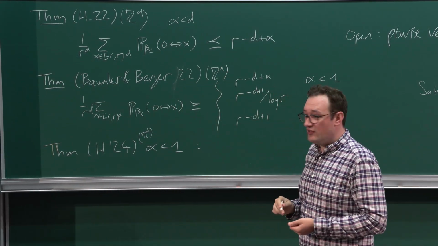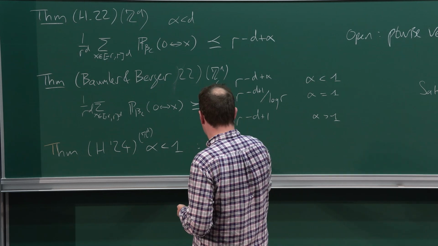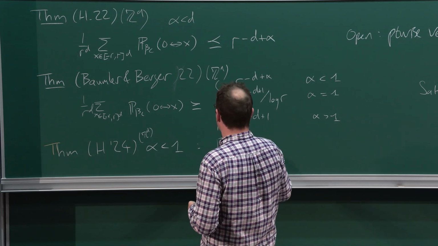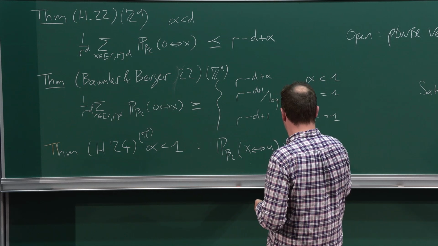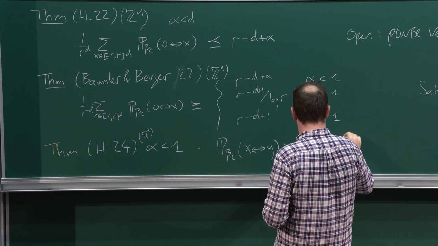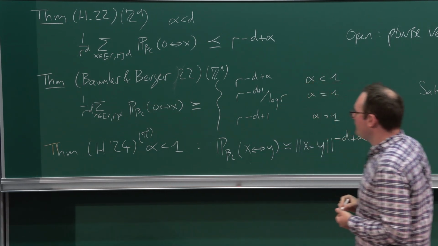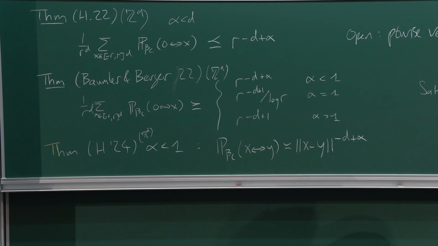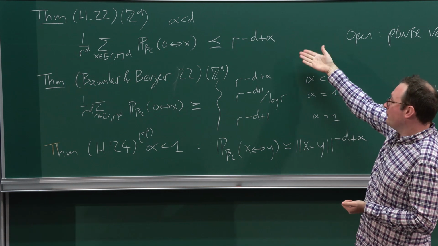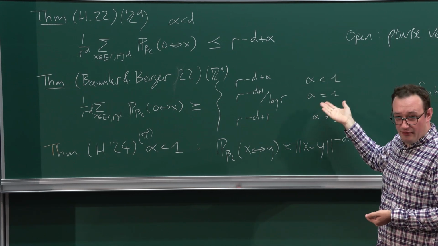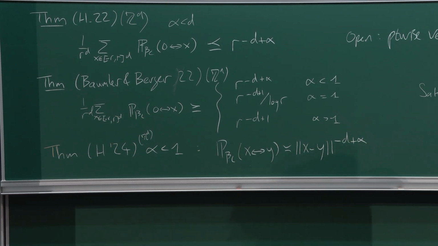Under the same assumption that alpha is less than 1, we can now improve this to a pointwise bound. But the upper bound should always be true pointwise, but we still don't know how to do that.